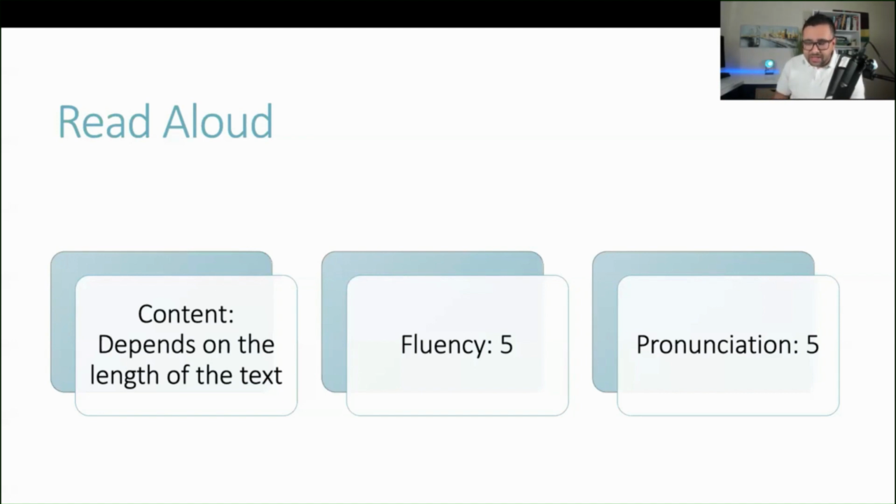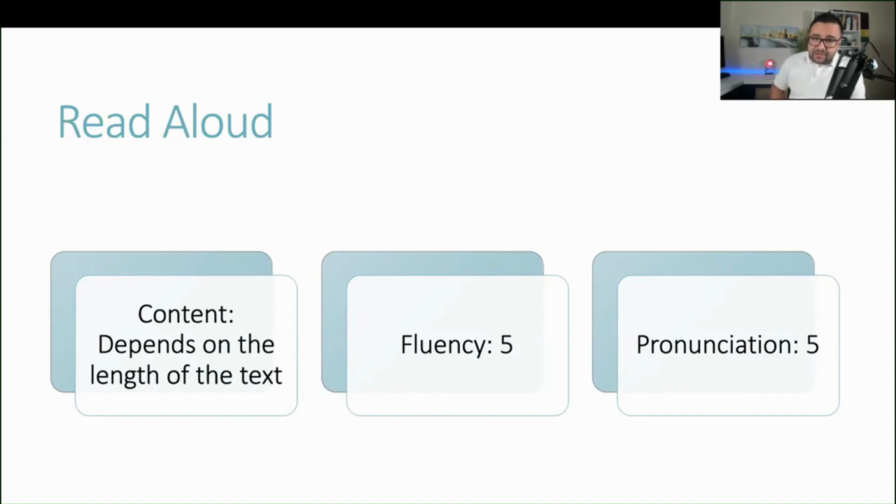Or in other words, how can we convince this algorithm that we are reading in the right way so that we should get a good score for our speaking as well as for our reading? Now, that's one place where some of us misunderstand, and then we focus too much on fluency and too much on pronunciation and forget about the content. Let's talk about the scoring first, and then I will tell you what happens when you read in different ways or how you may lose a score or gain a score in the test.